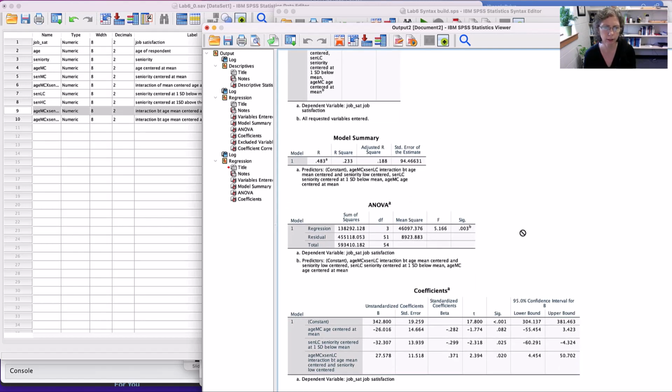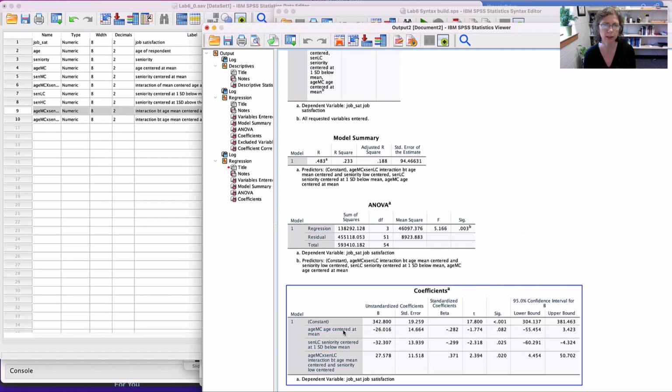We're only looking for what is this relationship now between age, our focal predictor, and the outcome, job satisfaction, under this condition of low seniority. We see that it's not significant, and the information we need out of this table is going to be the regression coefficient, the t-test, and the significance.